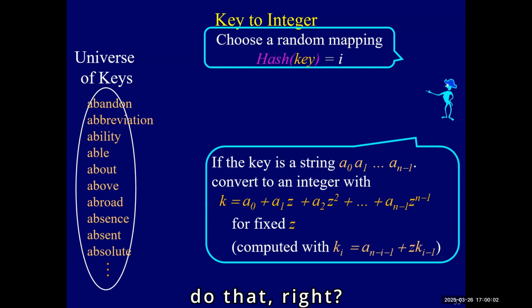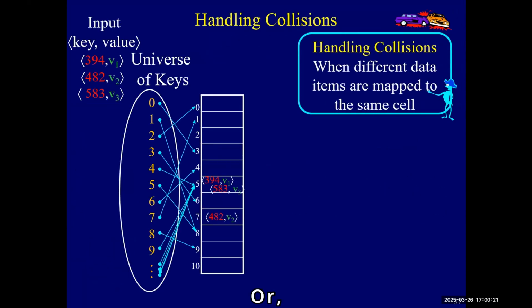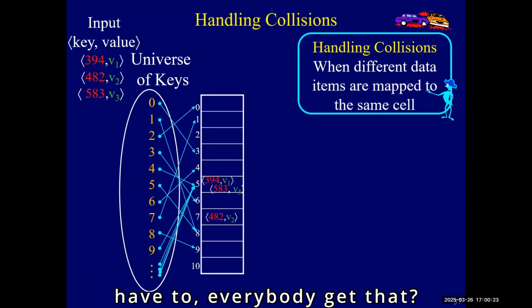I'm willing to do that, right? So there are ways of converting strings to integers. And maybe if you don't want to really hash the image, you can hash where it is stored in memory, right? Everybody get that?